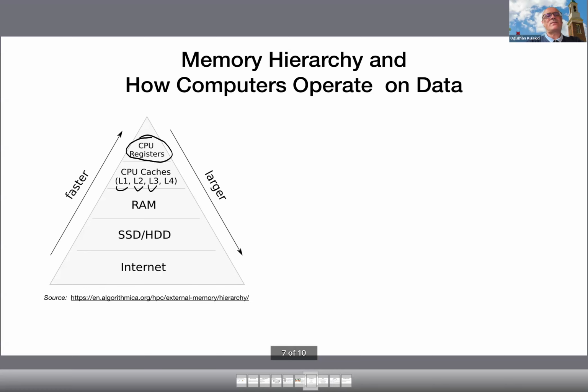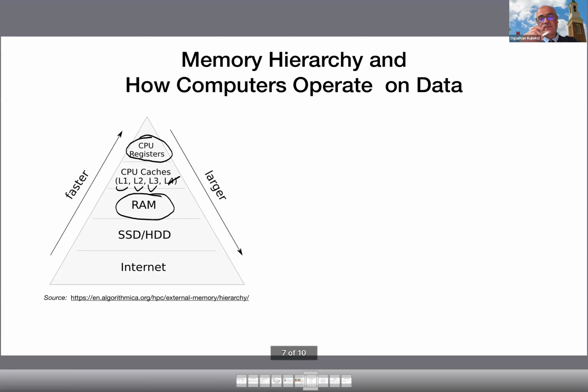L4 is a bit rare, but we have started seeing them now. After those cache memories, we have our normal random access memory, which is DRAM actually. Following that, we have the SSD, HDD, hard disk drives, and then the internet.